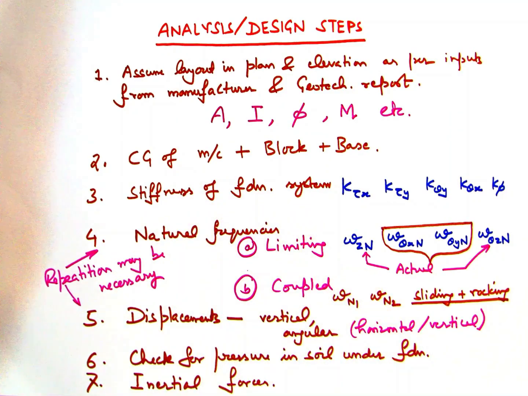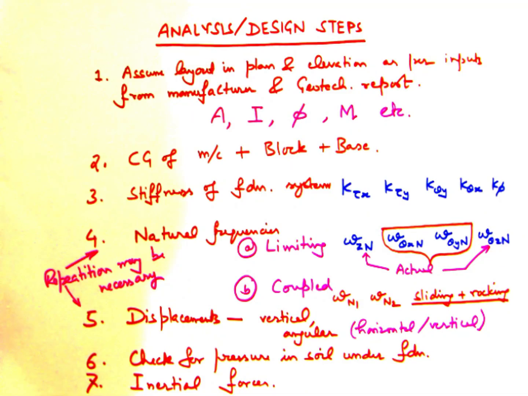So machine foundation design process is basically iterative in nature. We shall undertake an example of a machine foundation design to strengthen our learning for steps number 1 to 6. We will take up the step number 7, that is calculation of the inertial forces, separately.